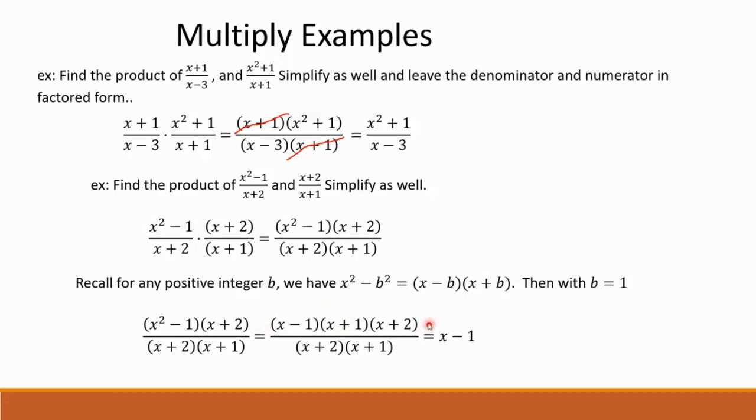Now we can actually cancel, because now we've completely factored. So what happens? Well, as you can see, the x plus 1s cancel. The x plus 2s cancel. We're just left with x minus 1.